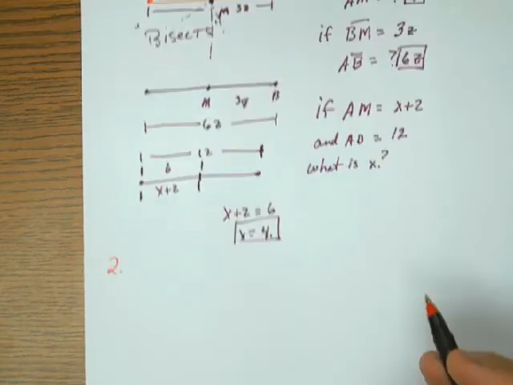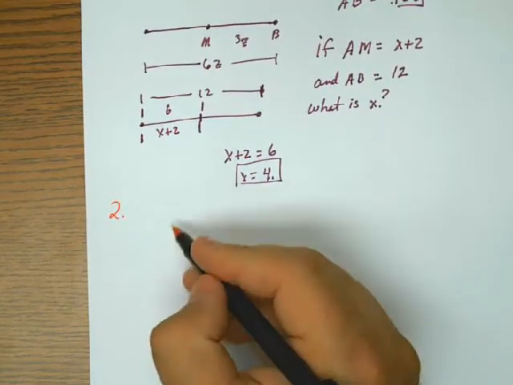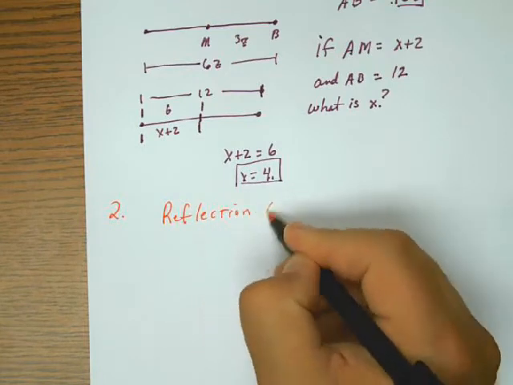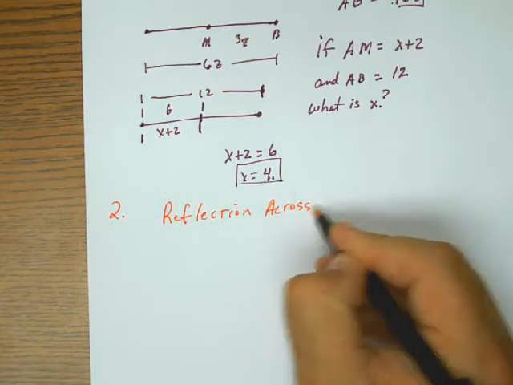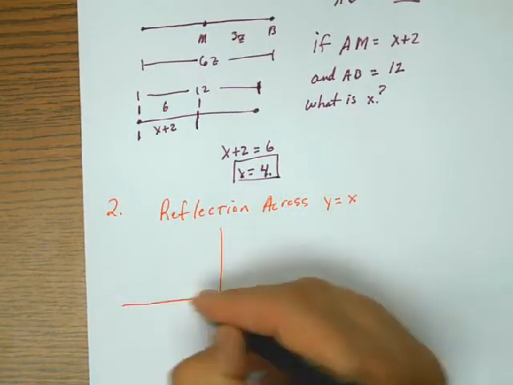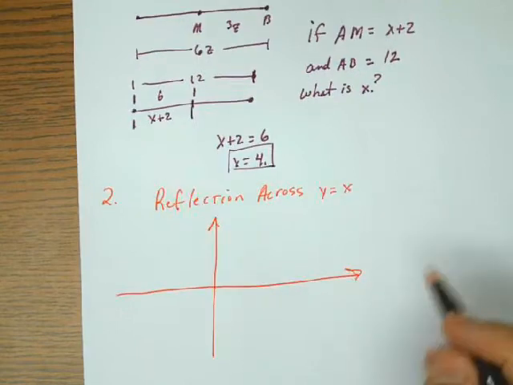It says a reflection across y equals x. All right, what does that look like? That's going to look like this.